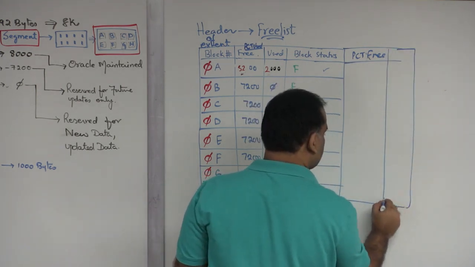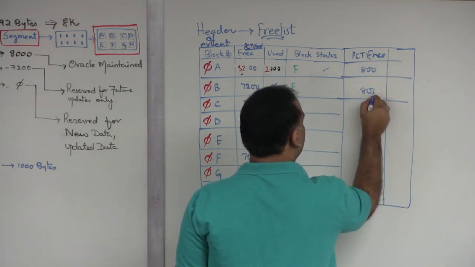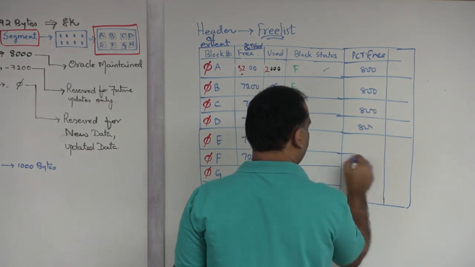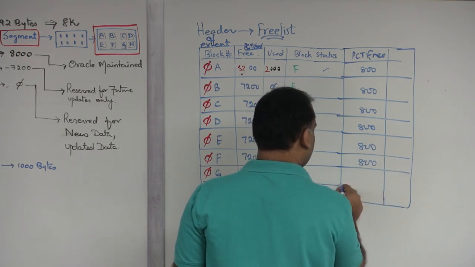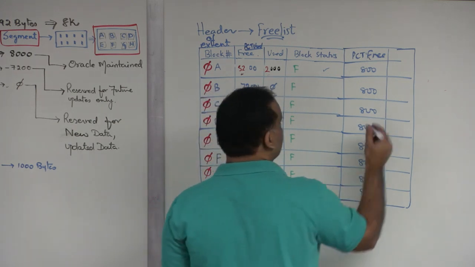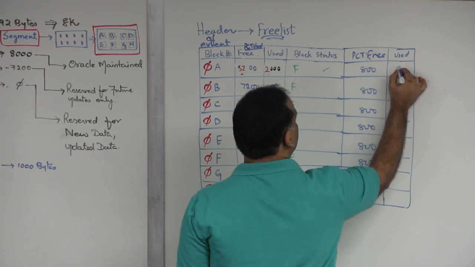All 800 bytes. So PCT free, 800 here, 800 here, 800 here, another 800, another 800, 800, and then 800. Out of this, no one has used any space. So PCT free is all 800, and used is 0.